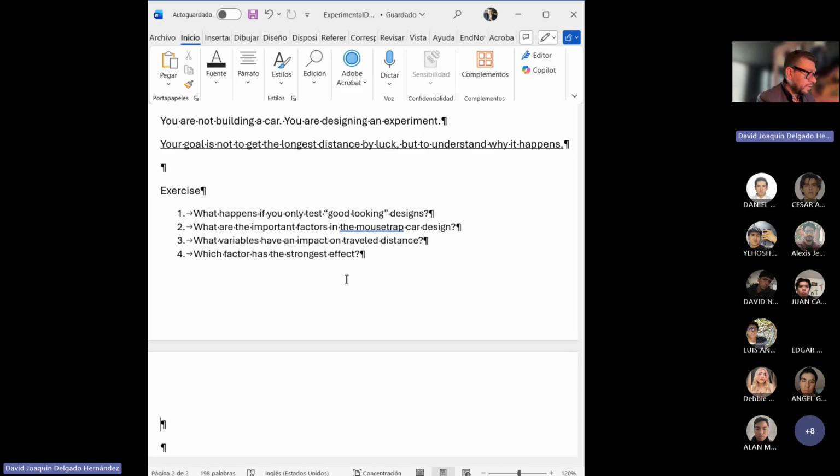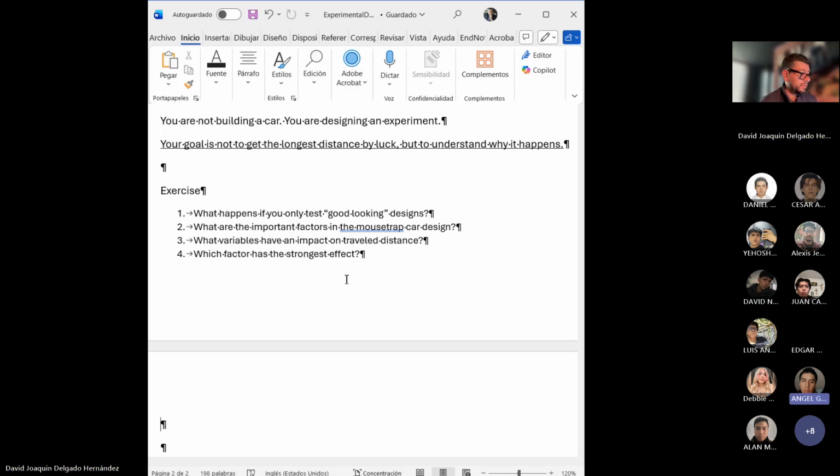Second question, what are the important factors in the mousetrap car design? We could identify some of them, like the wheels, the chassis weight, the arm, the length of the string. Okay. Question number three, what variables have an impact on travel distance?